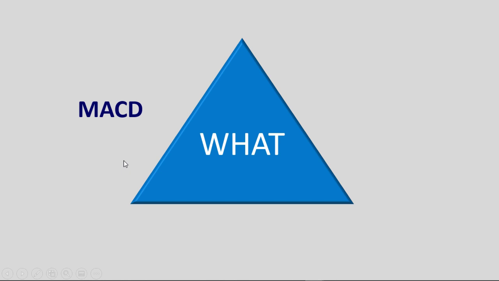MACD stands for moving average convergence divergence, and the first two words in that indicator are moving average. Moving averages are trending indicators. They're technical indicators, they're trending indicators, so it would make sense to apply a trend-based indicator to a trending market.